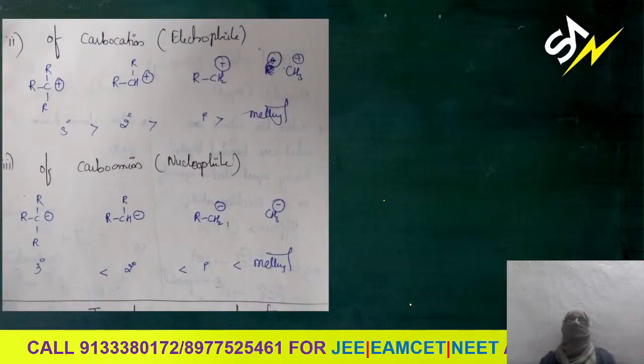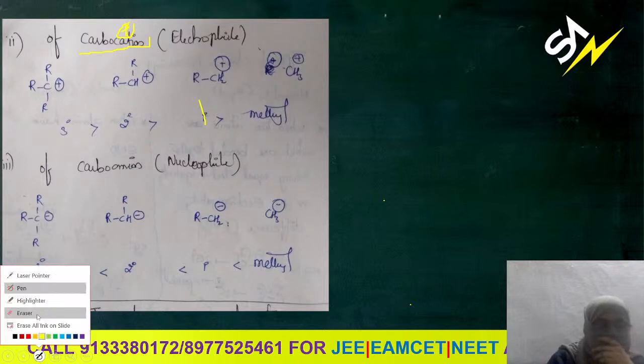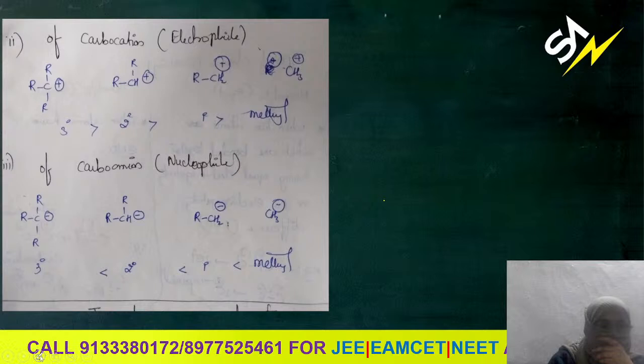Moving on to the next one, that is the stability order of carbocation. Let me just tell you another name for carbocation. Carbocation means having a positive charge, right? It has a positive charge, which means it attracts the negative charge.